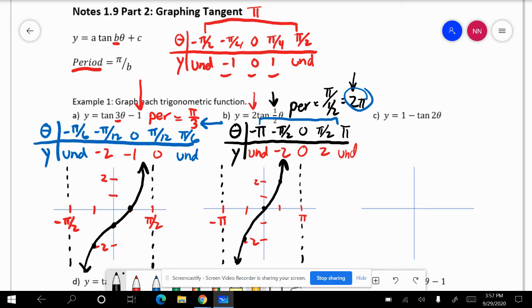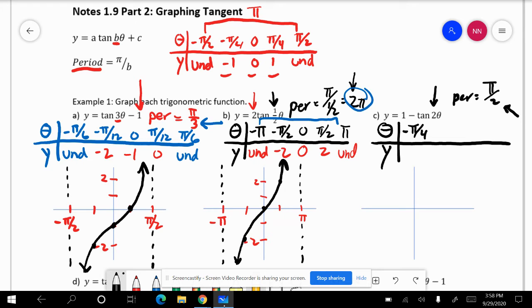Now, looking at letter C, we're going to do the same thing. We're first going to find our period based off of our frequency. So the period is pi over 2. That means we're going to take each of our theta values and divide it by 2. So I have negative pi fourths, negative pi eighths, 0, pi over 8, and pi over 4.